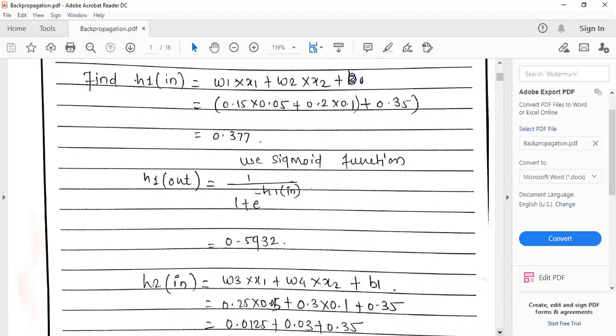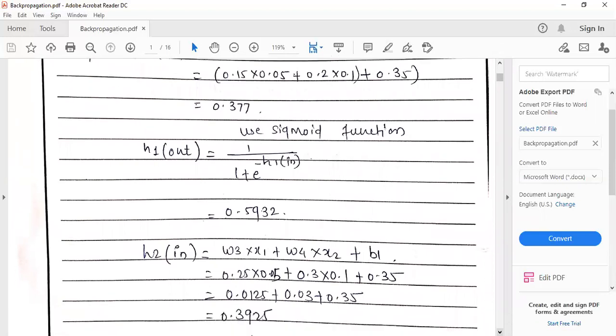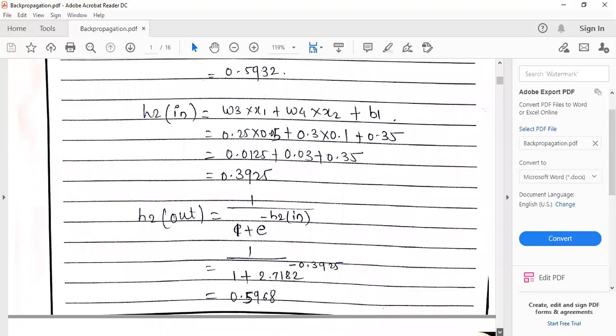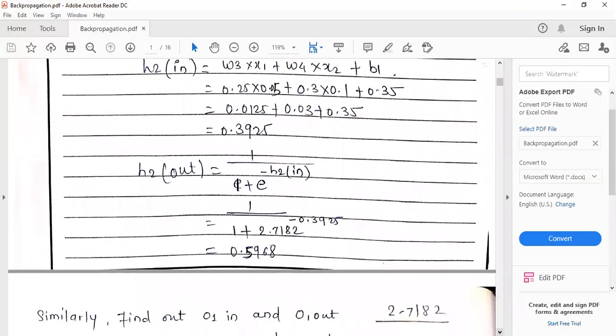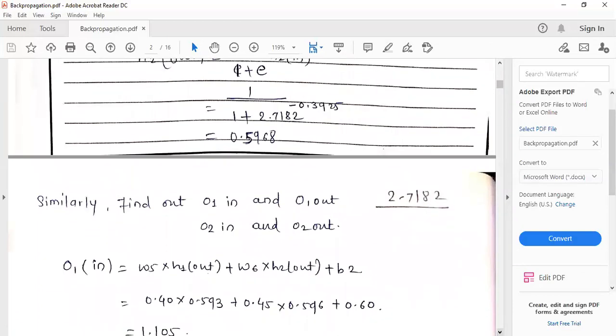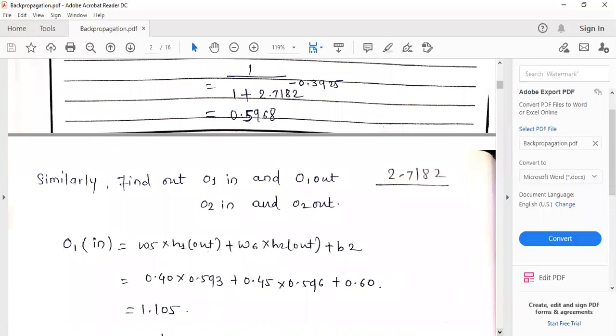Similarly for H2, W3 and W4 are coming from X1 and X2. Consider them along with their weights, consider the bias, and again calculate the H2 out by using the sigmoid function. Now you have to do the same for O1 out and O2 out. First, O1 in and O2 in you have to consider.